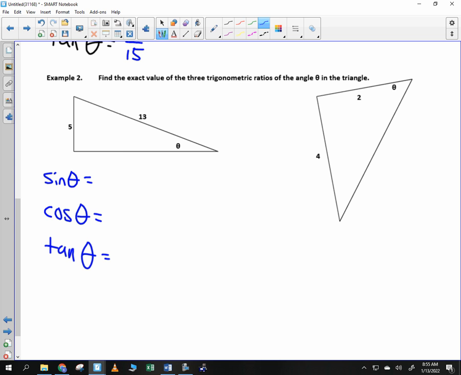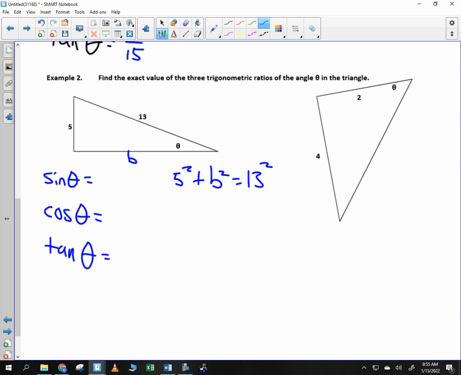Here, I have sine of theta, cosine of theta, and tangent of theta. I want to express all three of them. I'm going to need to find the missing side of the triangle. What do I use to find the missing side of the triangle? Pythagorean theorem. So I'm going to call this side B. So somebody set it up for me. 5 squared plus B squared is?